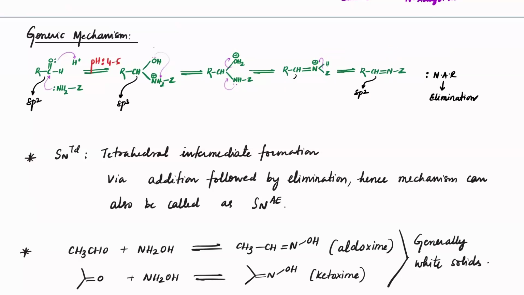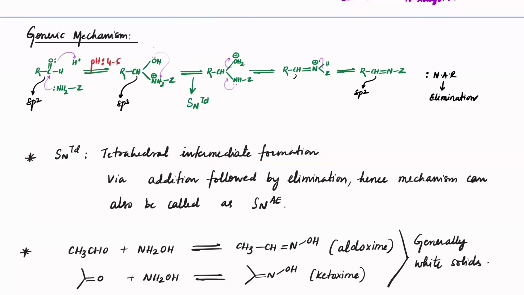Now, in this case, have you noticed that sp2 is converting into sp3? And then again the group has left. So this type of mechanism where initially addition happened and then elimination has happened, overall it went for a substitution. That's what is called the SNTD mechanism. SNTD means a tetrahedral intermediate formation.